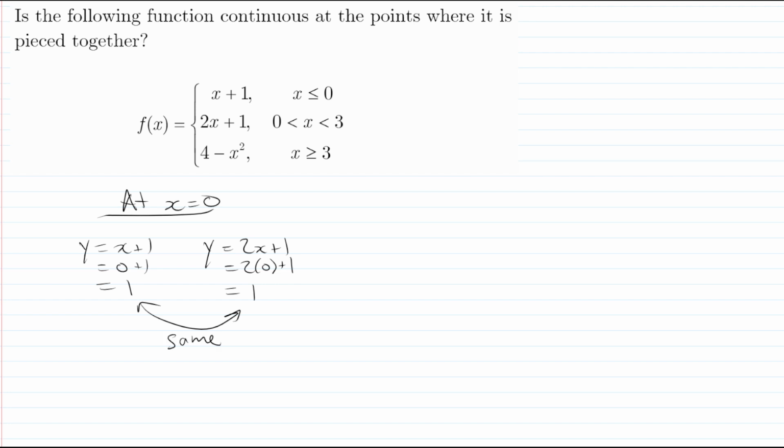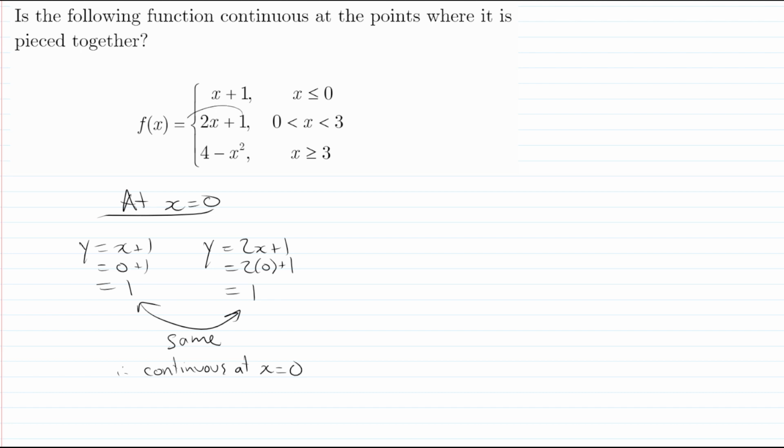So when we switch from this function to this function at x equals 0, our first function stops at a y value of 1, and our second function picks up at a y value of 1, right where the first left off. So we're not going to have a discontinuity. The two graphs coincide at x equals 0. Therefore, we can say continuous at x equals 0.